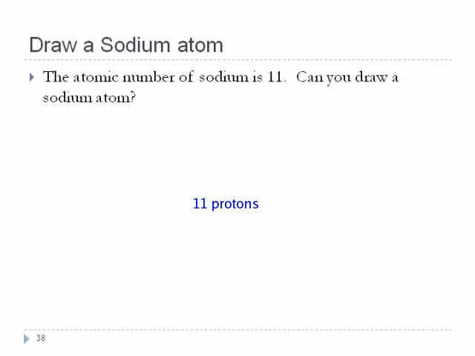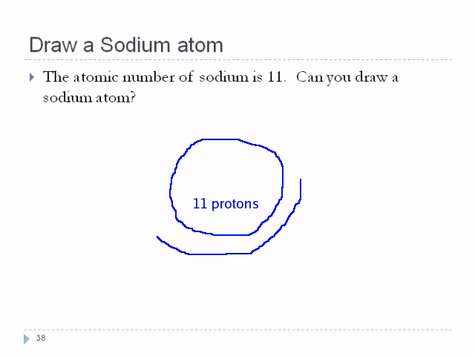If it's an atom, it's electrically neutral. So the number of pluses will equal the number of minuses. The number of protons will equal the number of electrons. So it will also have 11 electrons. And they will be arranged in these electron shells that circulate around the nucleus.